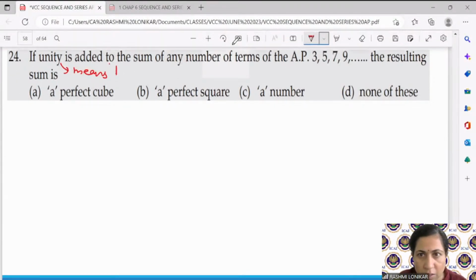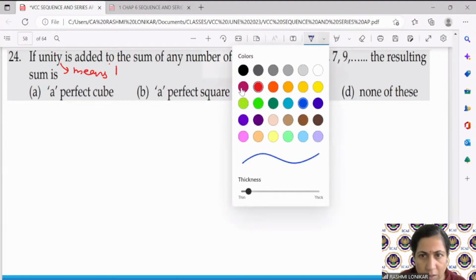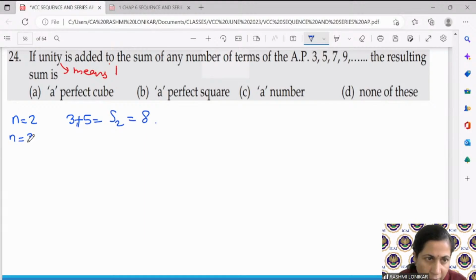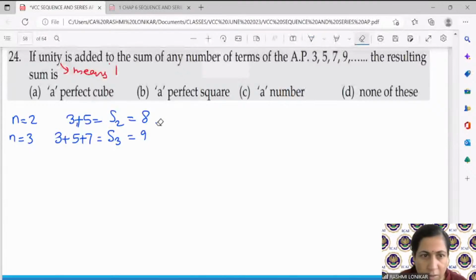So if I have n equal to 2, what will happen? I will have 3 plus 5, which is S2, equal to 8. If I have n equal to 3, it will be 3 plus 5 plus 7, which is S3, equal to 8 plus 7, that is 15.